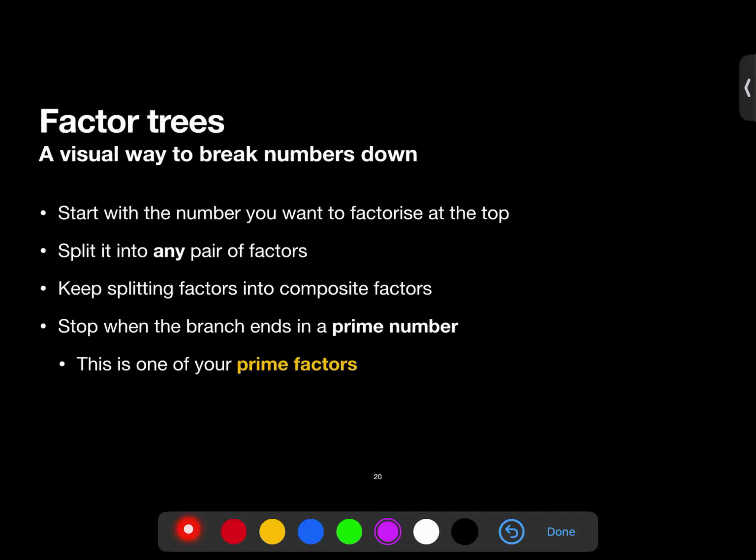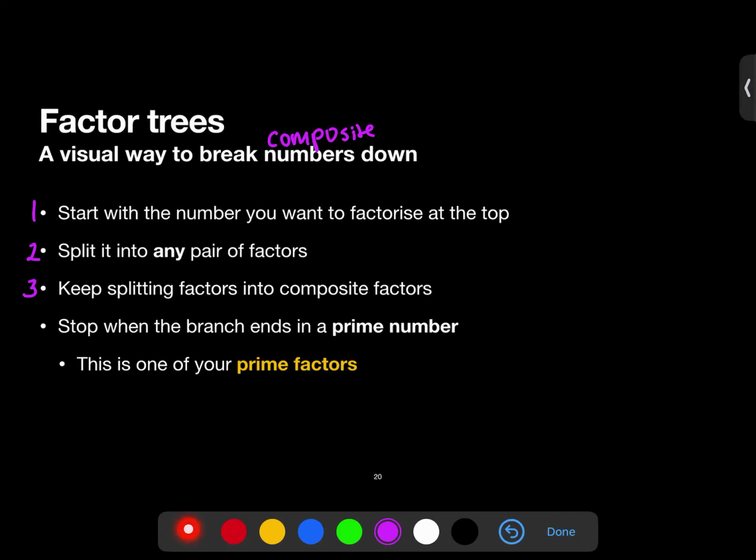So here is a tree method, and it's a visual way to break composite numbers down. So we start at the top with the number we want to factorize, and we'll split it into any pair of factors, so any factors that we want. And we'll continue to split each of these numbers into factors.